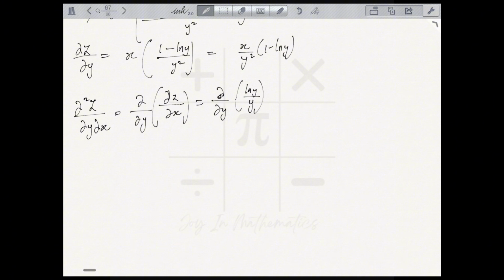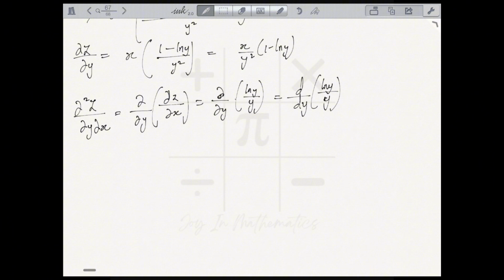Now this is also similar to applying the quotient rule, because there is no other variable here, so that's the full differential of ln y divided by y.